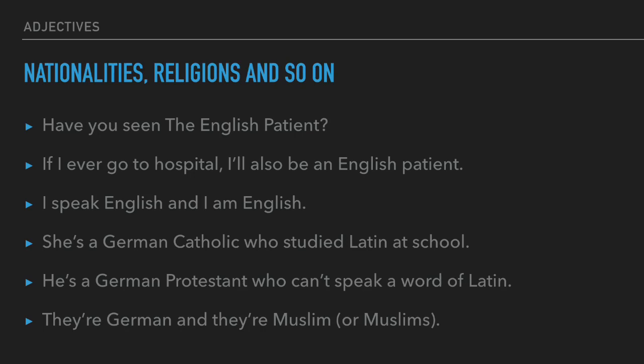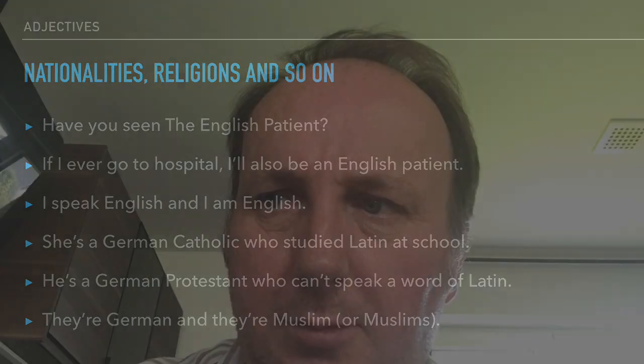They're German and they're Muslim, name of a religion again, and in this case, Muslim is an adjective, or you can say they're German and they're Muslims, in which case you're talking about people rather than an adjective, but capitalised anyway, no matter what. The rules are quite clear, really. If it relates to a nationality or a language or a religion, capitalise it.